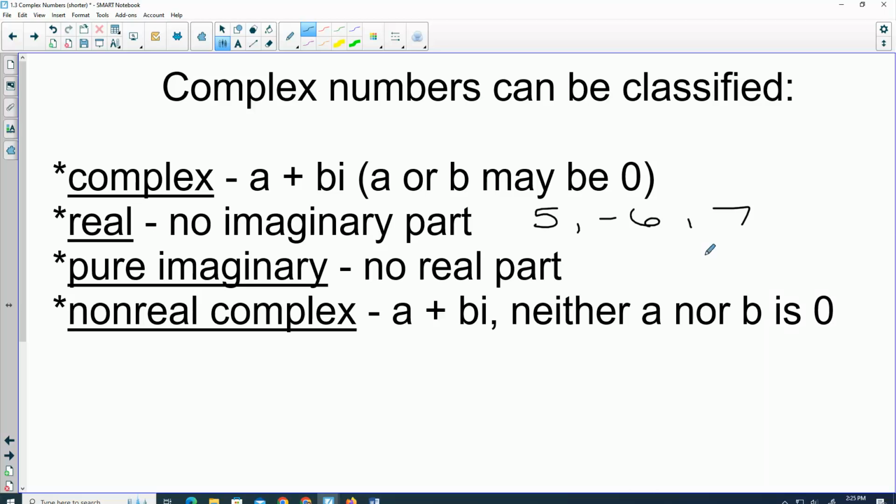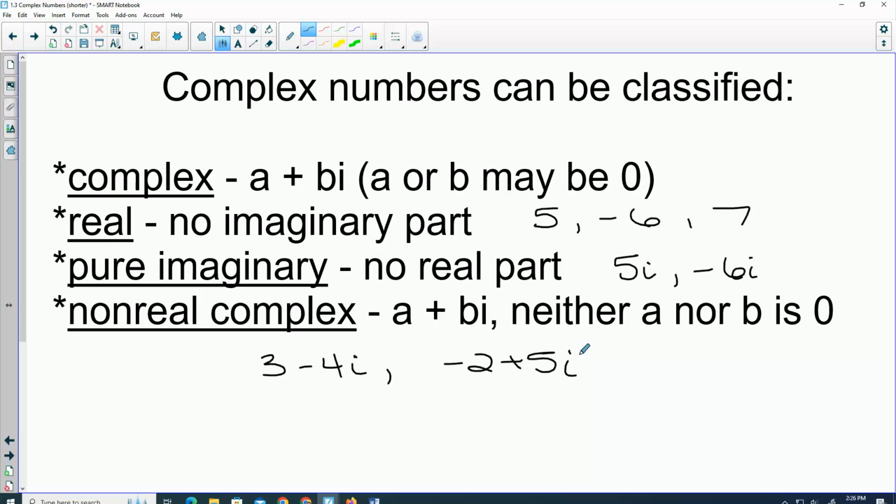So it might be 5i, negative 6i. It's a single term, but the real part was 0. If it's non-real complex, it has both parts. So it's the two terms, 3 minus 4i, negative 2 plus 5i. It has both pieces to it.